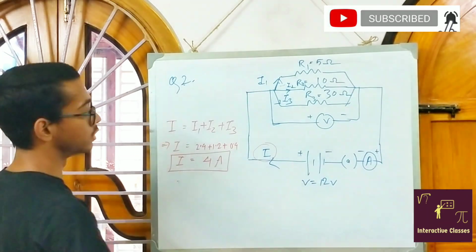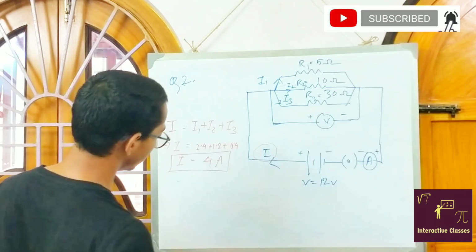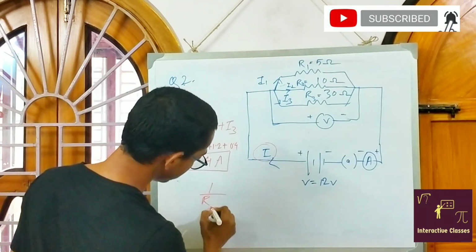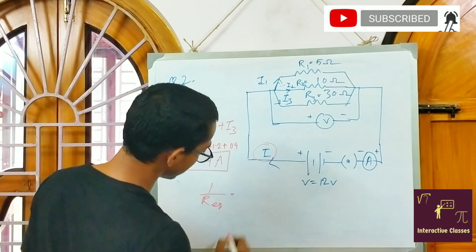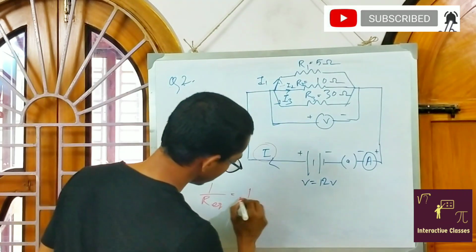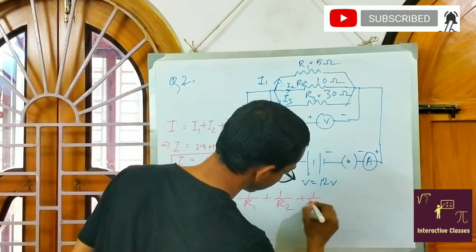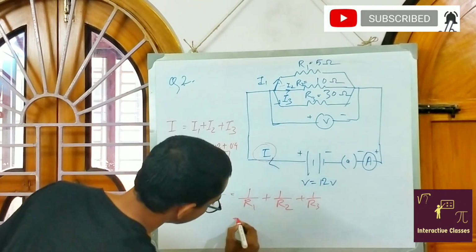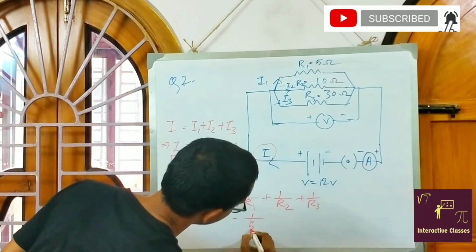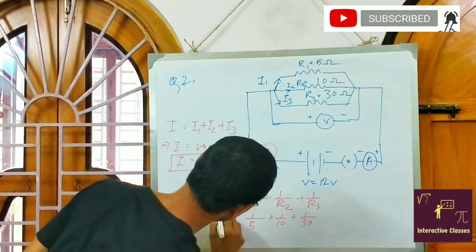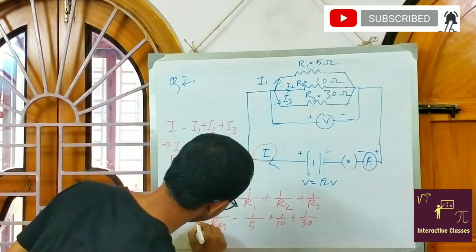Now the equivalent resistance, that means the total resistance in the circuit. From the expression for parallel combination, we have this relation. We put down the values: 1 by 5, 1 by 10, 1 by 30, equal to 1 by R equivalent.